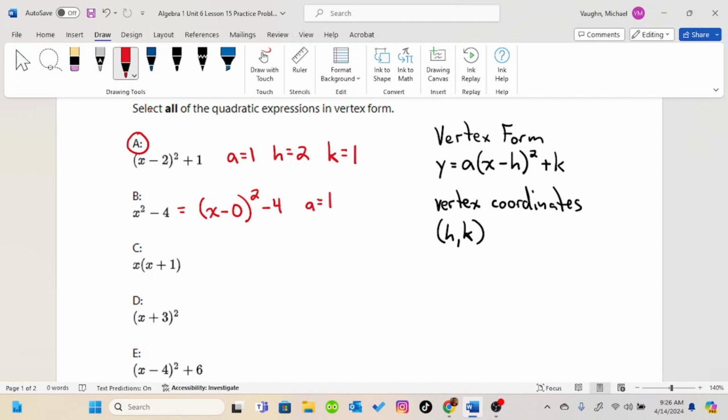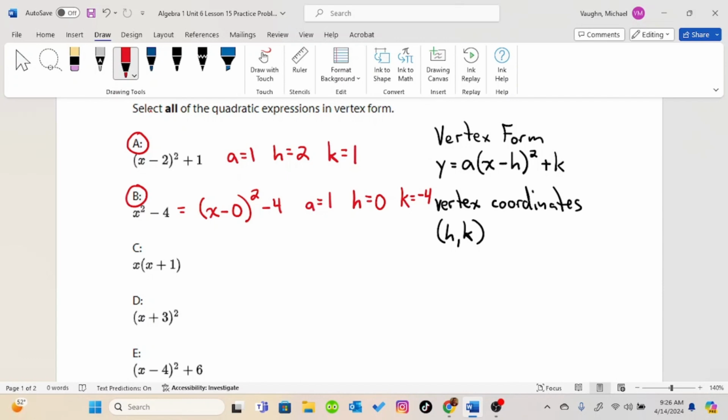It's just understood to be 1. H equals 0. So they just didn't write it because whether you write x squared or x minus 0 squared, it's the same thing. And then k equals negative 4. So this is in vertex form.